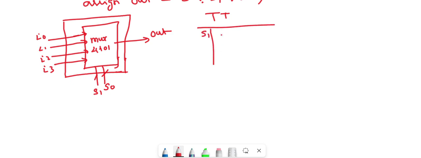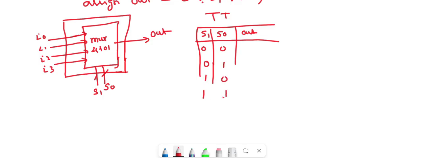S1, S0, then out. The select combinations are 0 0, 0 1, 1 0, 1 1.